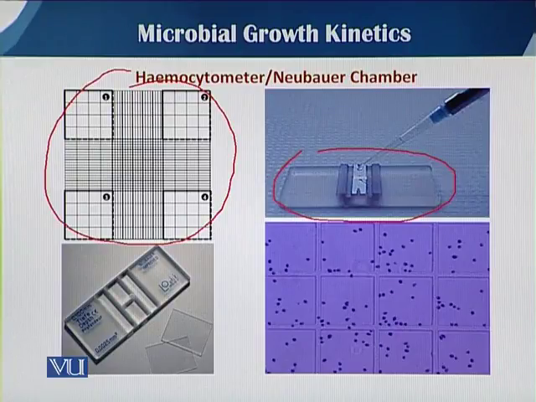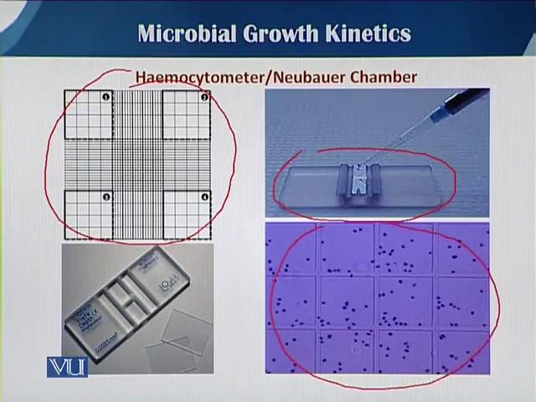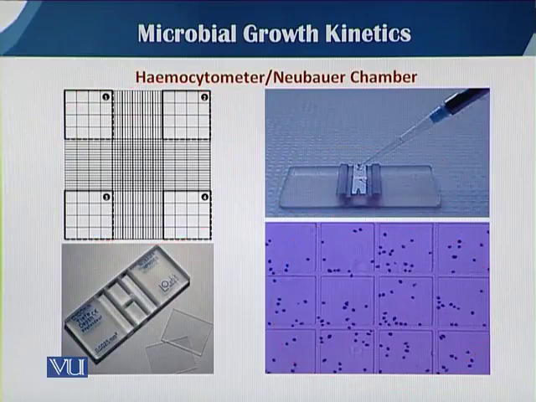The large box has a width, length, and depth. In most hemocytometers, the large box is 1 millimeter long, 1 millimeter in width, and 0.1 millimeter in depth. By counting the cells in different compartments, we can estimate the total count in the culture medium.